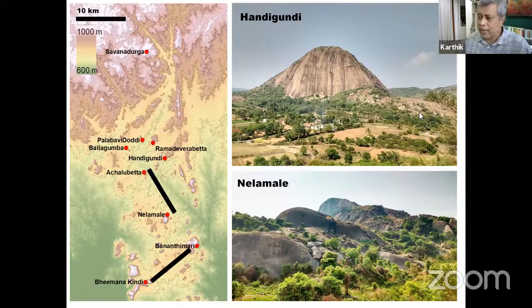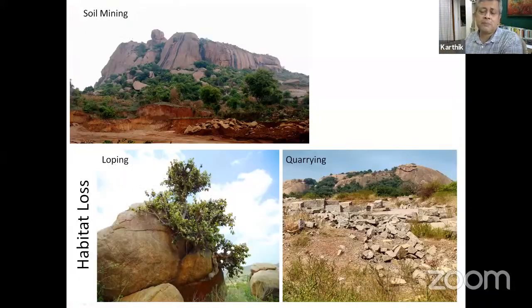So this area becomes very important for them to move through and reach another nearby area. So therefore, the use by this bird of not just these hillocks, even the plains, becomes an important feature. And it becomes even more important when we look at the impacts that we are causing.